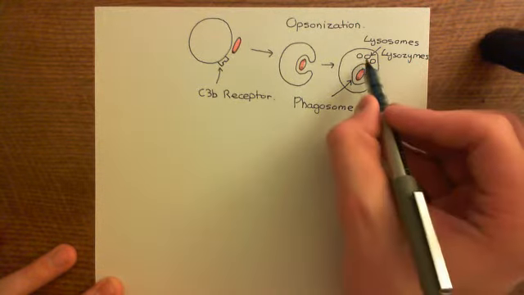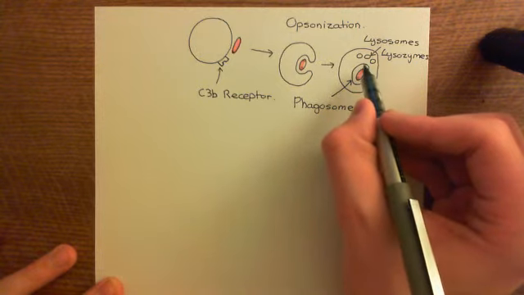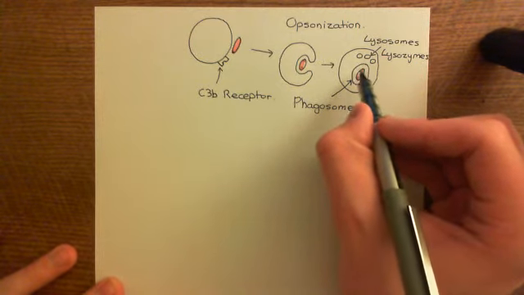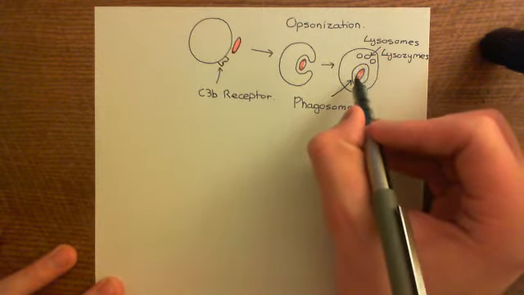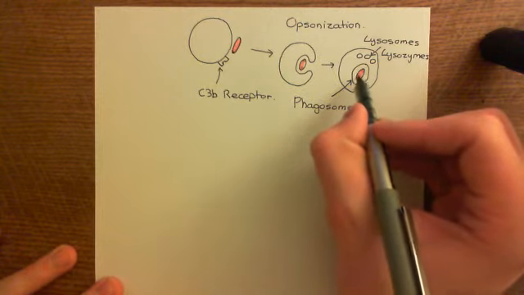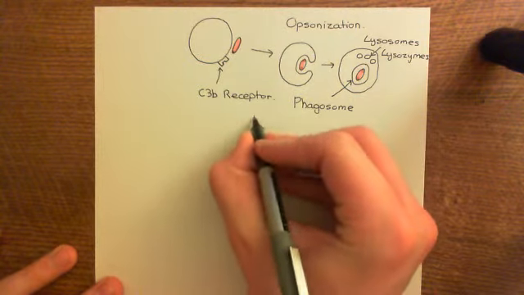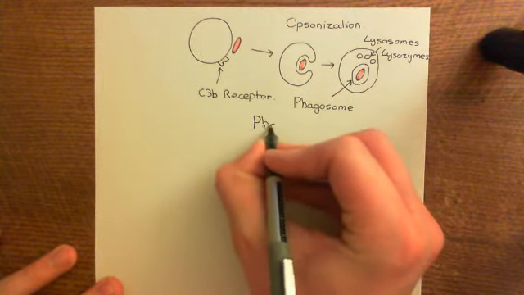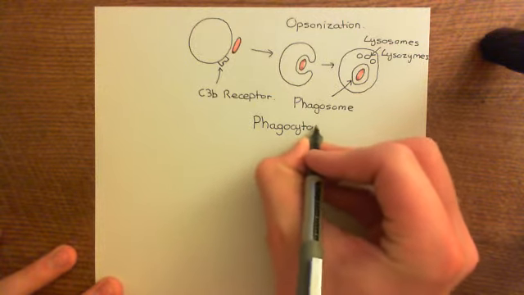So you're going to fuse these lysosomes, which contain very deadly enzymes, with the phagosome and release these horrible enzymes all over the microbe that's within your phagosome. And that will destroy the microbe, basically, is the hope anyway. And this whole process of engulfing bacteria and then destroying them is known as phagocytosis.